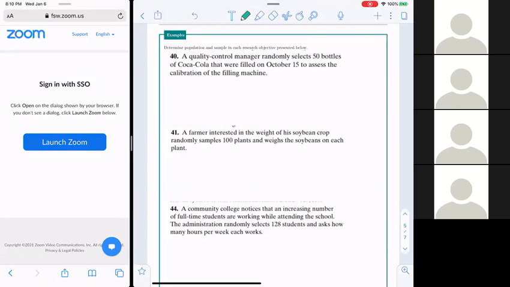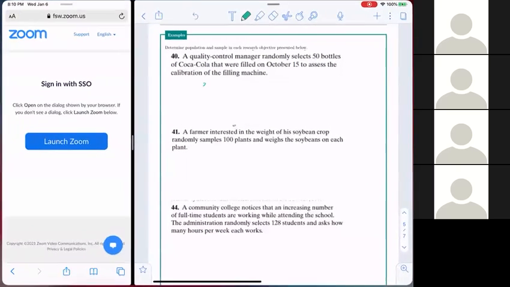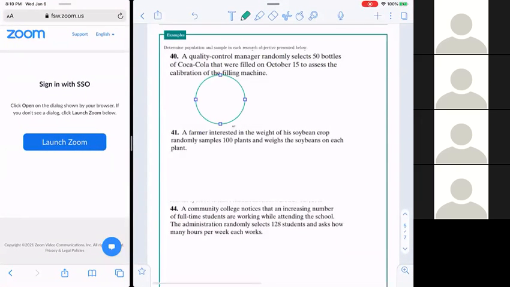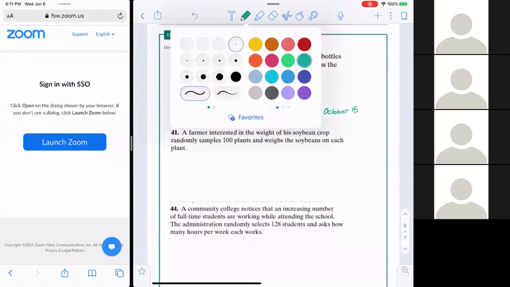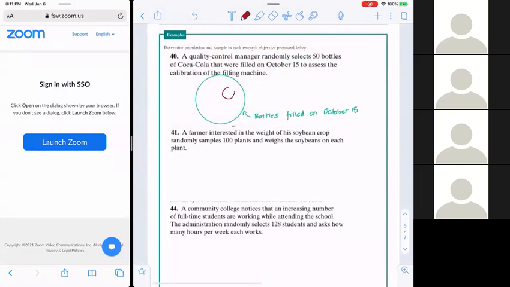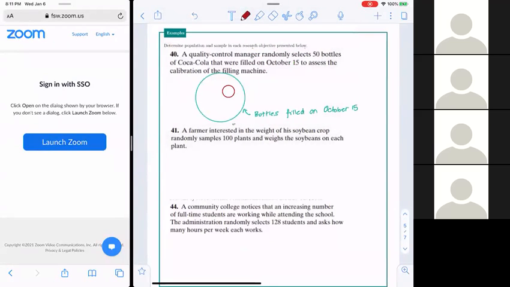So there was a bigger set, those are the bottles filled on October 15, and he picks a subset of 50 bottles.